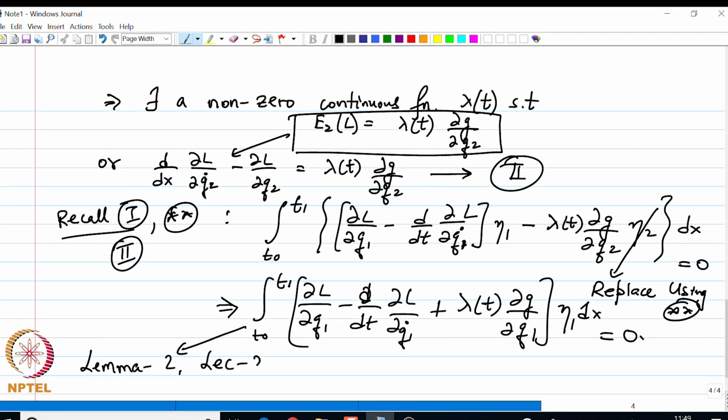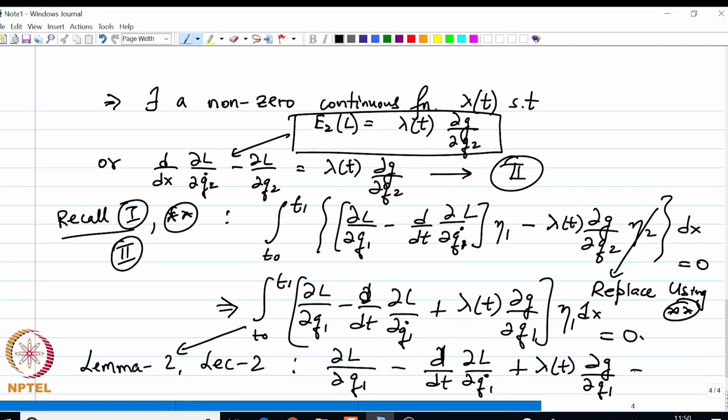discussed in lecture 2, I come to the Euler-Lagrange equation for L with the holonomic constraint G for the component Q1. I get del L del Q1 minus d dt of del L del Q1 dot plus lambda del G del Q1 equal to 0.